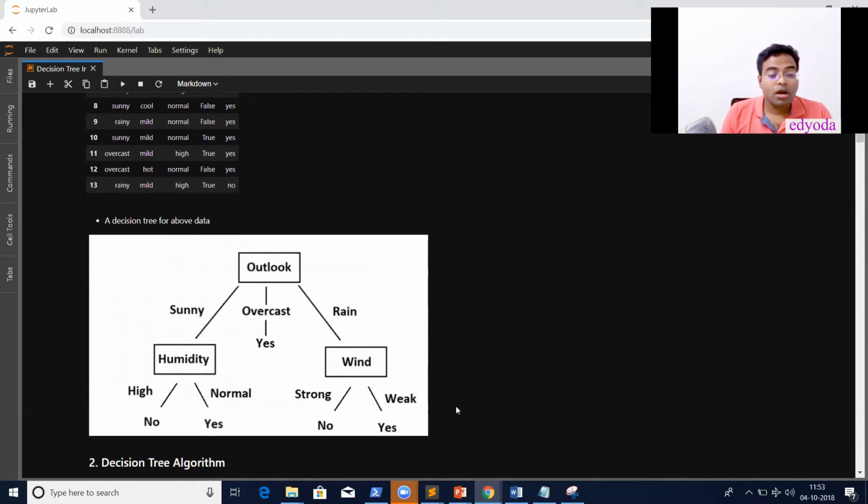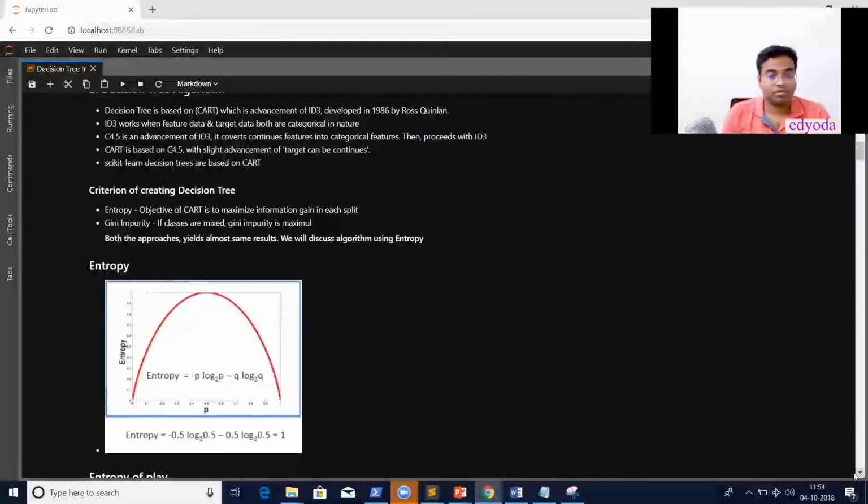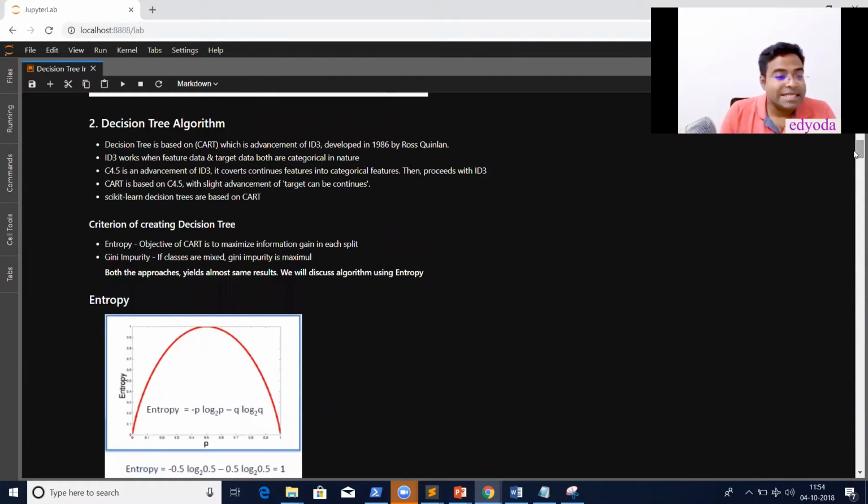Of course, now let's understand the algorithm, what happens internally to generate this tree. Let's understand how the decision tree algorithm works.